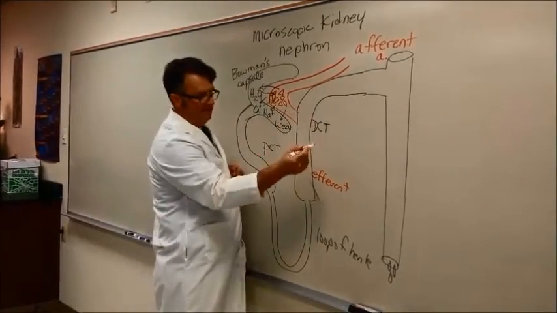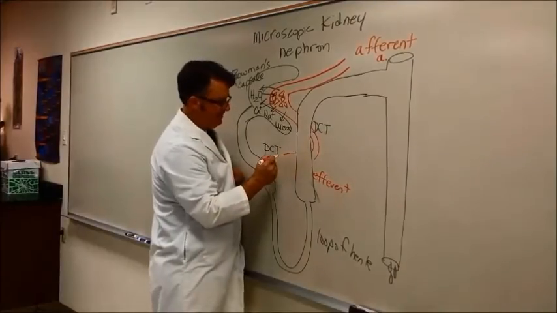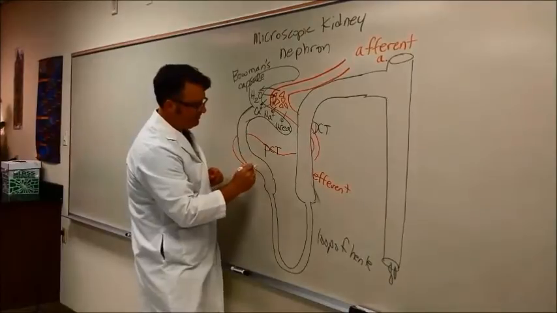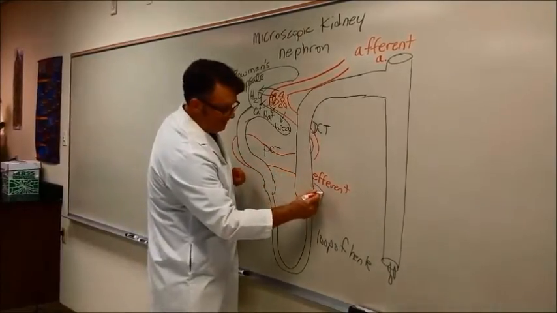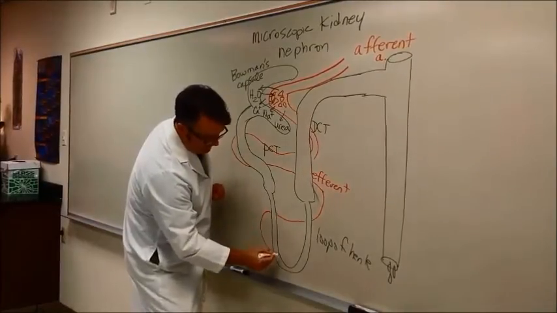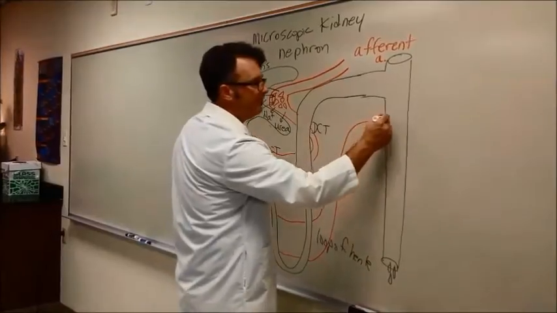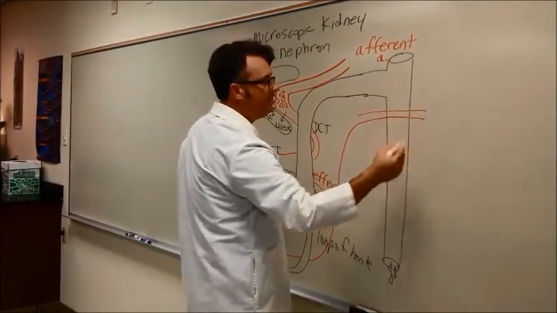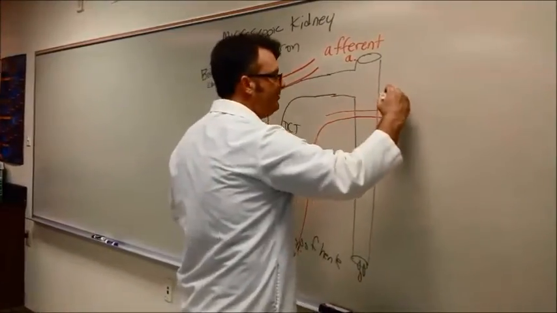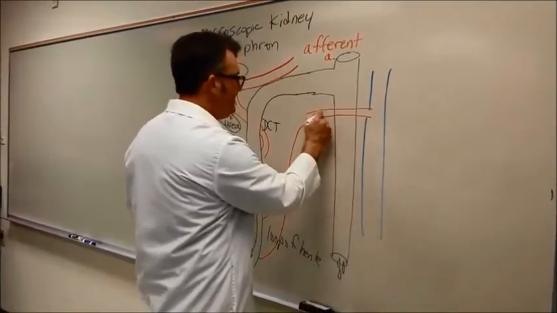And the efferent arteriole wraps around everything and helps to reabsorb a lot. Matter of fact, most everything, we'll say that would be back toward the renal vein. We're getting toward kind of venous return here.